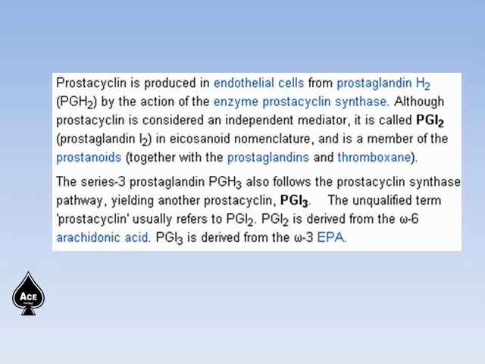The series 3 prostaglandin PGH3 also follows the prostacyclin synthase pathway, yielding another prostacyclin called PGI3. The unqualified term prostacyclin usually refers to PGI2. PGI2 is derived from arachidonic acid. PGI3 is derived from EPA.